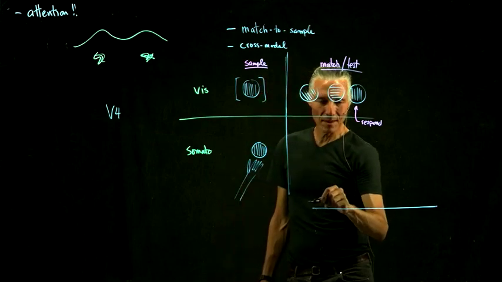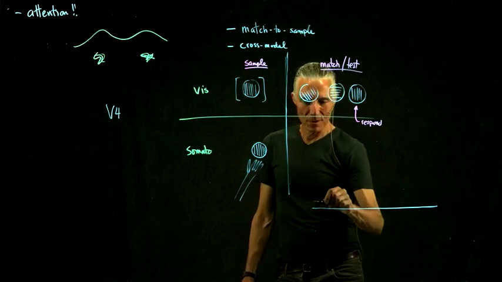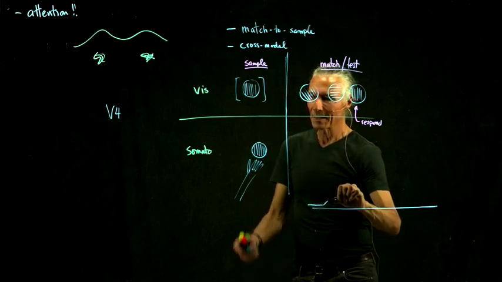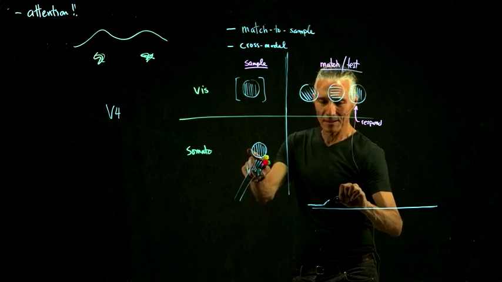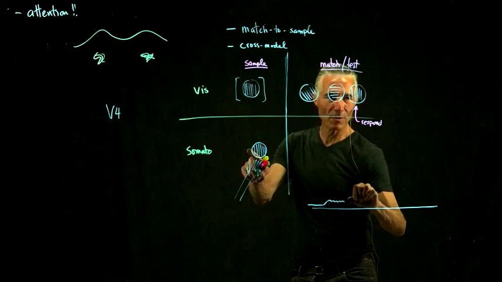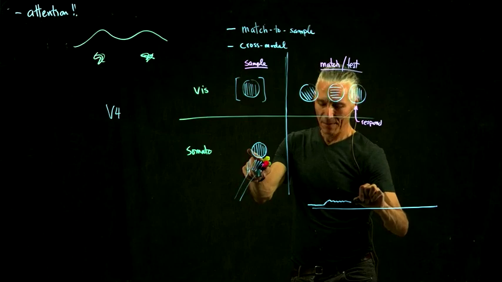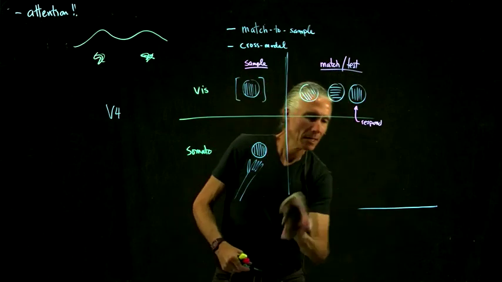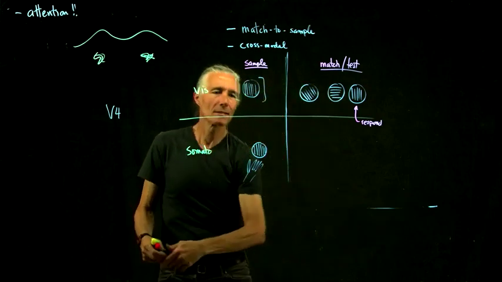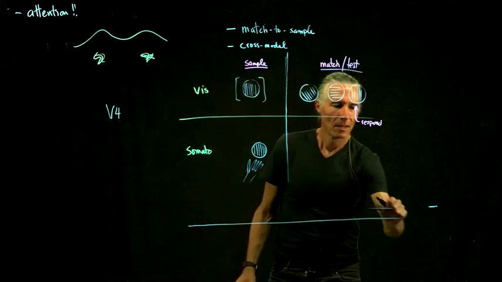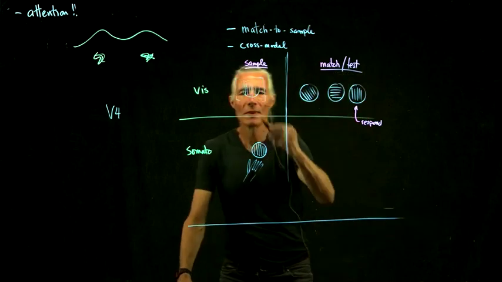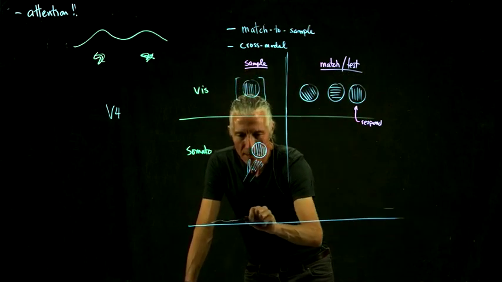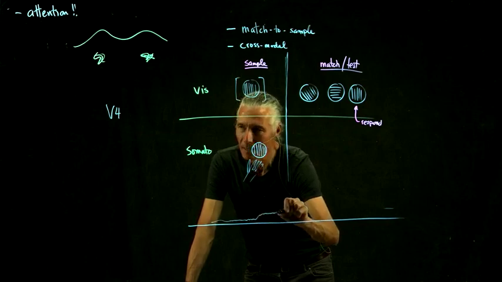So if you look at the experiment, what it looks like is when you first present the somatosensory stimulus, there's actually a little bit of a response in V4. And then when you present the test samples, let me just line it up with this. Yeah, so when you first present this thing, there's a little bit of an elevated response.